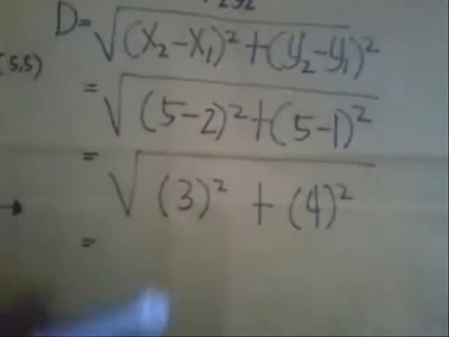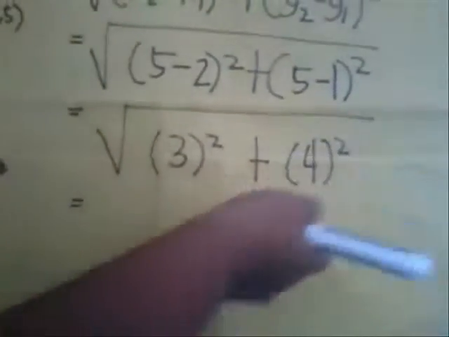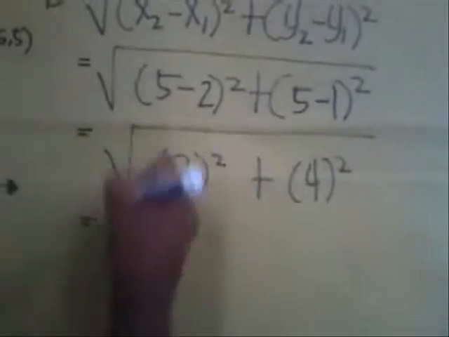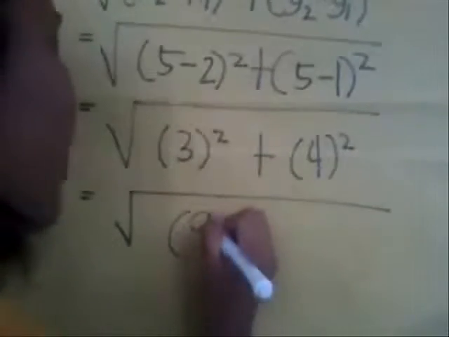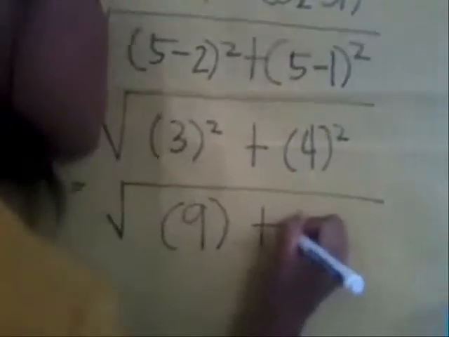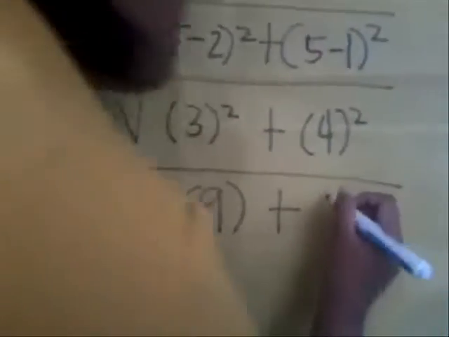In the same way, you have to multiply 3 with itself, and 4 with itself also. So the square root of 3 times 3 is 9, plus 4 times 4 is 16.